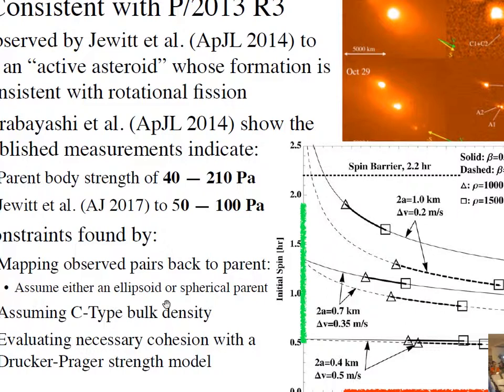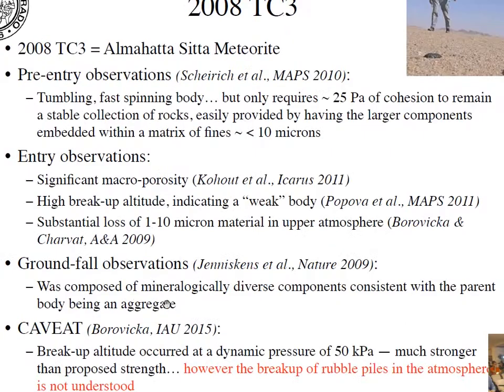And Jewitt just published a reanalysis where he narrows down our uncertainties to 50 to 100 pascals. So again, this is another piece of evidence that these small asteroids could indeed have some level of cohesive strength.